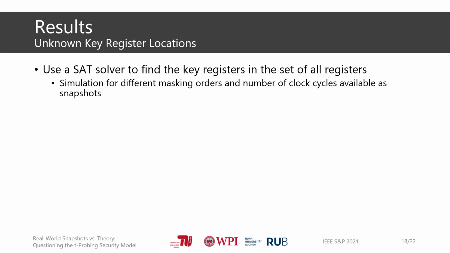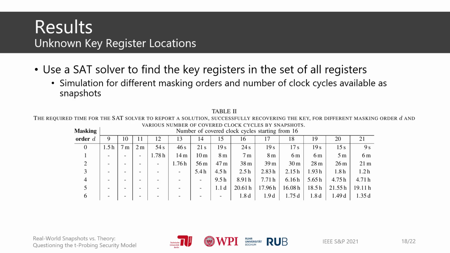We first simulated different masking orders and clock cycles available to the solver, and in general you can see that it becomes easier for the solver to reveal the key registers when snapshots of more registers are available. And also for higher masking orders, the minimum number of clock cycles available as snapshots for the solver increases. If you're interested in learning more details about the SAT solving part, please take a look at our paper.